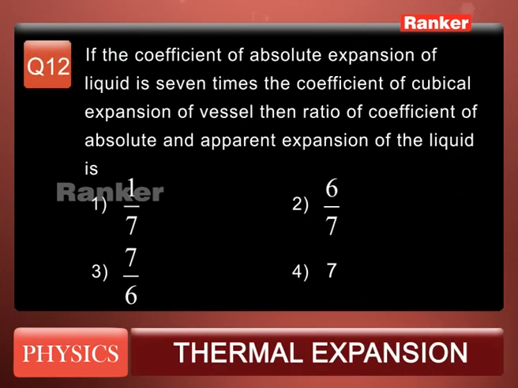So question number 12. If the coefficient of absolute expansion of a liquid is 7 times the coefficient of cubical expansion of the vessel, then the ratio of coefficient of absolute and apparent expansion of the liquid is: first option 1 by 7, second option 6 by 7, third option 7 by 6, and the fourth option 7.